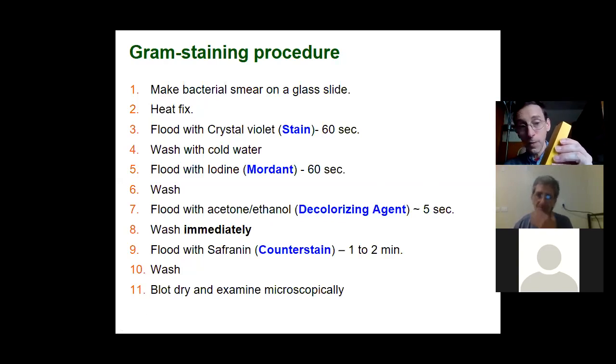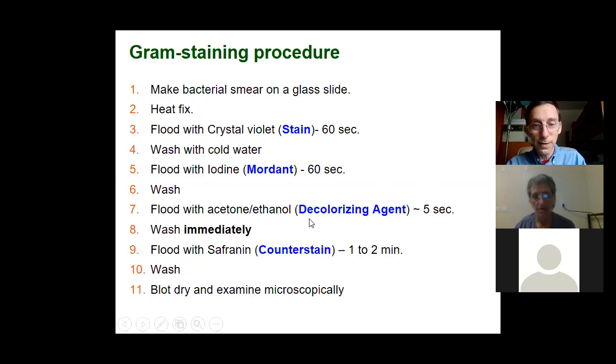When you're dripping the decolorizing agent down, you stop decolorizing when the dye stops rinsing off of the slide. It's very important that you don't over decolorize and that you don't under decolorize. So this is the tricky step of the Gram stain.